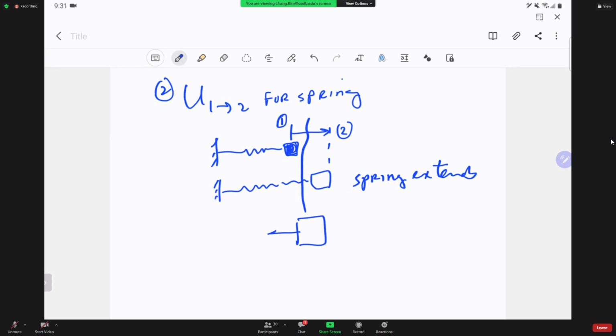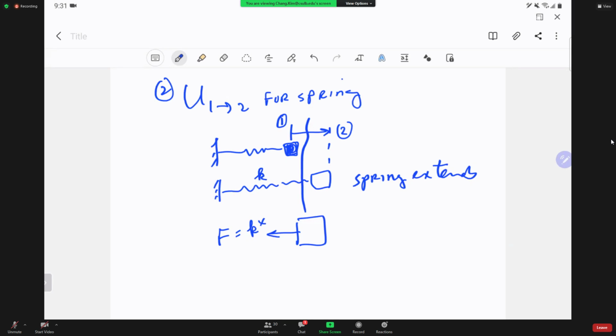So that means the spring force is constantly applied to the left, putting resistance to it. Okay, when I move, the spring stretching to the right, the spring is applying the opposite direction force, which is going to be kx.